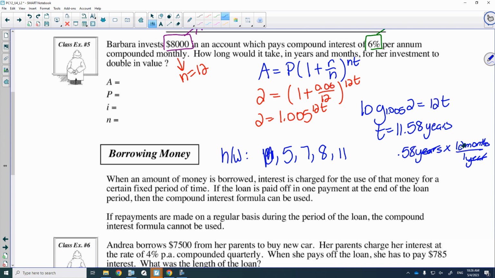The book rounded it to 11 years and 7 months, but you're right. If we went to 7 months, we'd be just under. So 11 years and 6 months. Okay, is how you would do that. What's that?